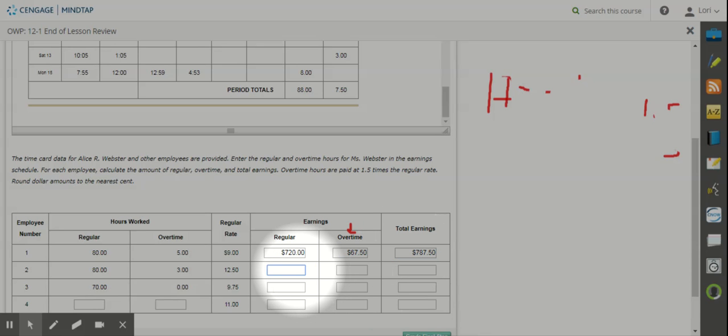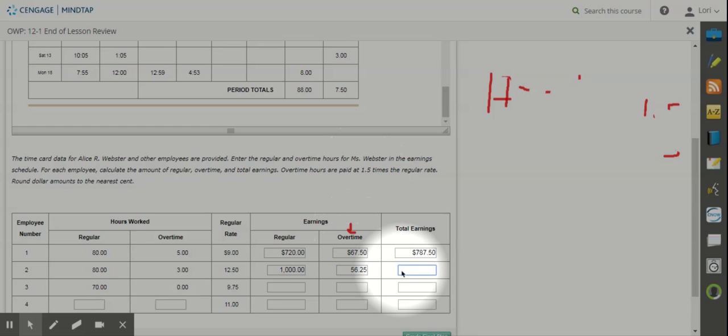So for the next person, we do 80 times 12.50, which is 1,000. And then their overtime hours, which is 3 times 12.50 times the 1.5, gives us 56.25.